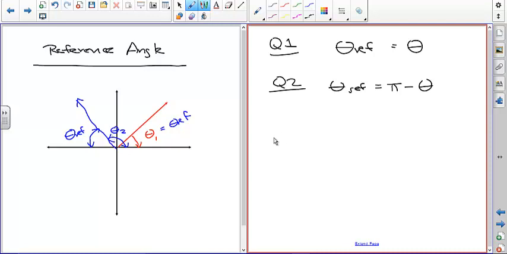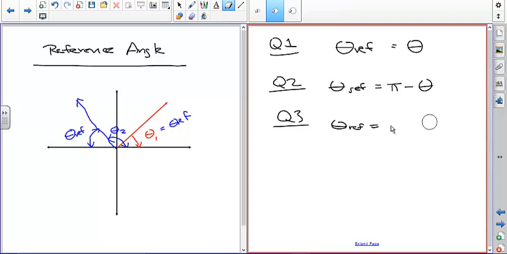Okay, in the third quadrant, the reference angle is equal to pi plus, sorry, what am I doing here? Make sure I'm doing this right. The reference angle is pi minus theta. Hold on just a second.